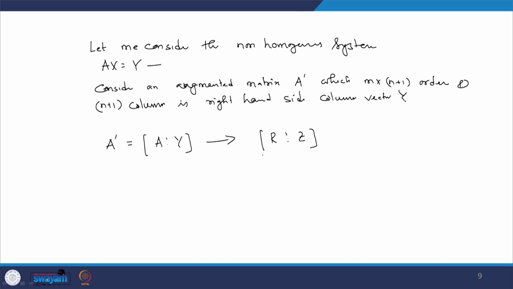So, I will have this type of matrix. Here R is a row reduced echelon matrix.